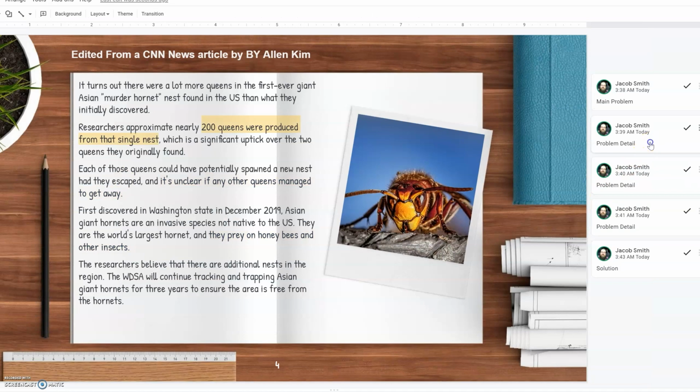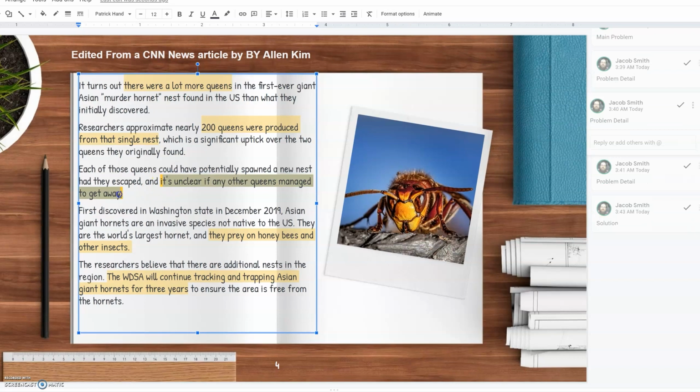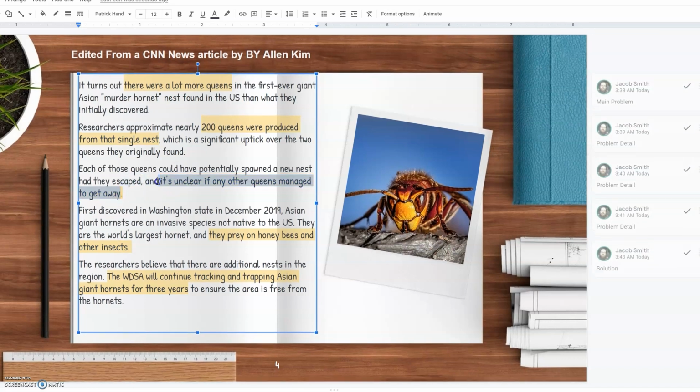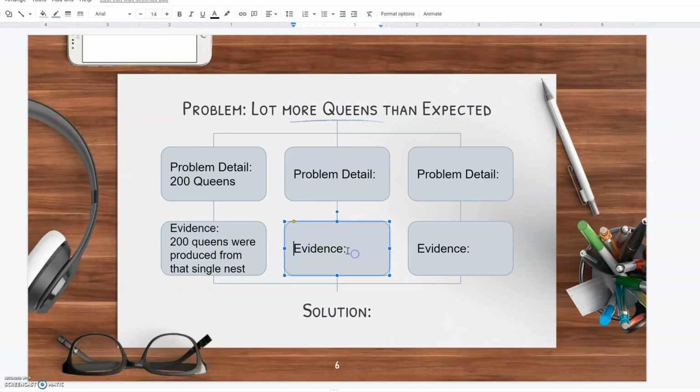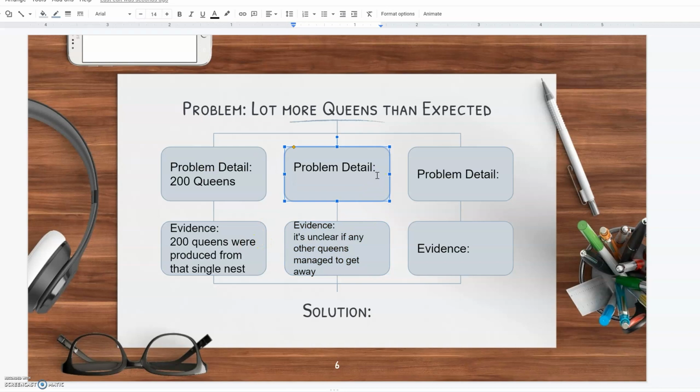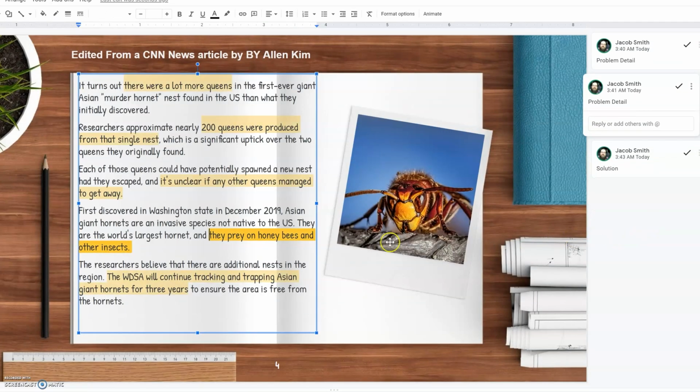Problem detail number 2, right here. Let's say queens escaped, question mark. It's okay to use questions as your summaries in this portion.